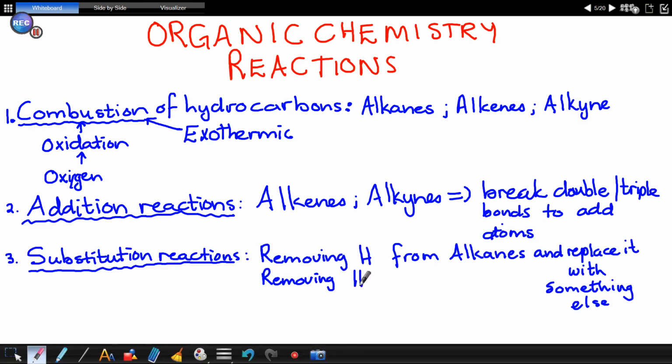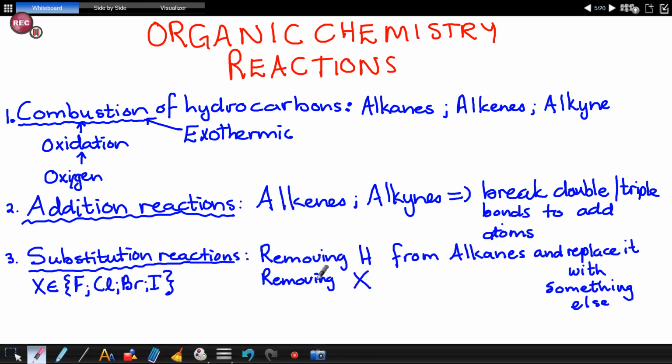Or you're removing a halogen. Can I use the X for halogen? So the X is an element of the fluorine, the chlorine, the bromine, the iodine.